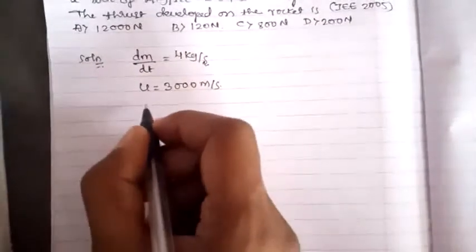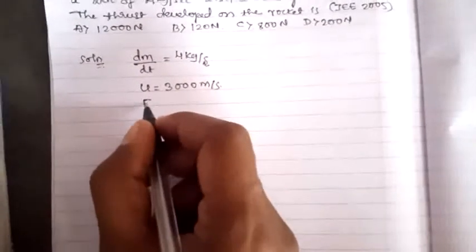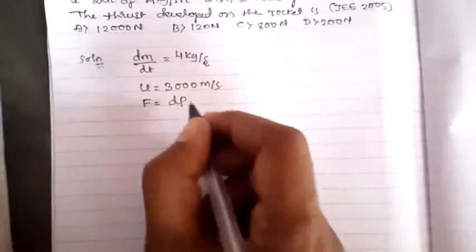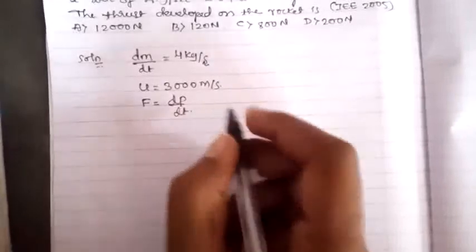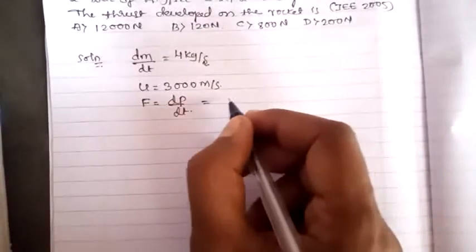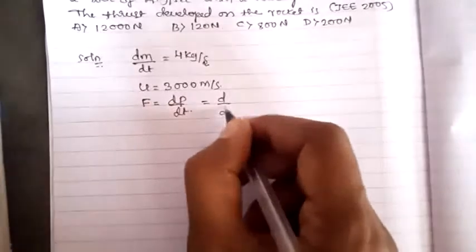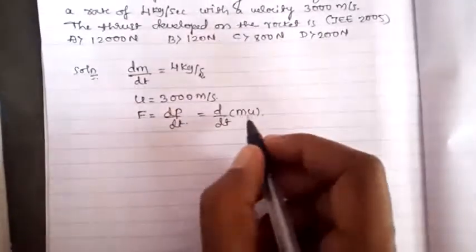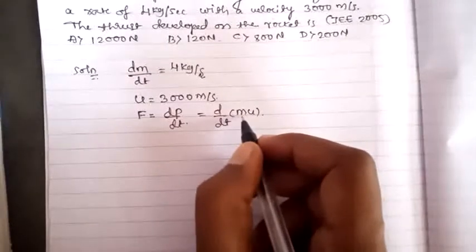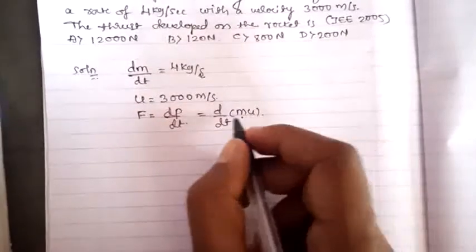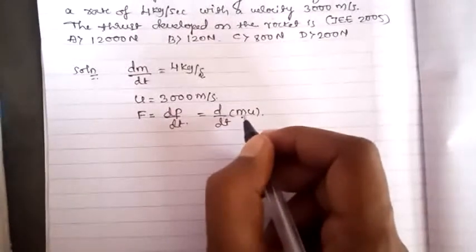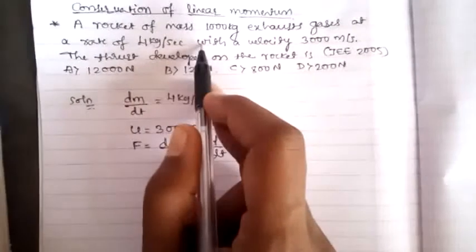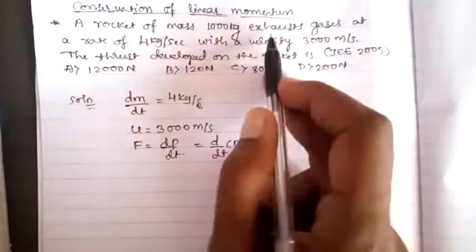So already we know, according to Newton's second law, what is Newton's second law? It is the rate of change of momentum, that is dp by dt. I will write d by dt of m into u. U means the velocity of the gas, and m is the mass of the fuel. Dm by dt means the mass of the fuel goes on decreasing because the fuel is burning, and as the fuel burns, it exerts the gases.